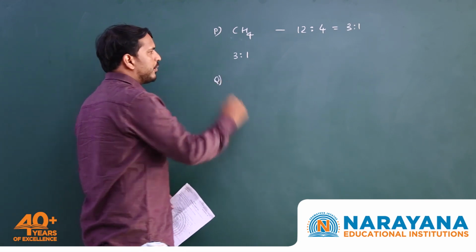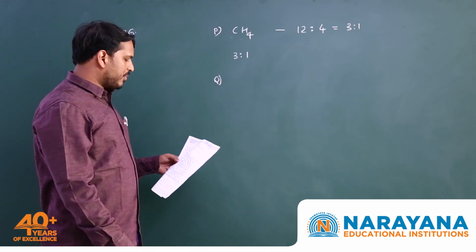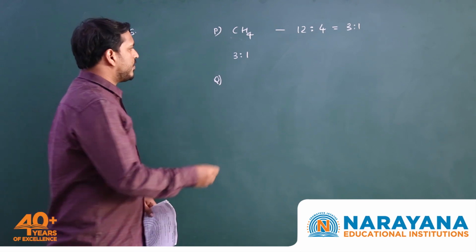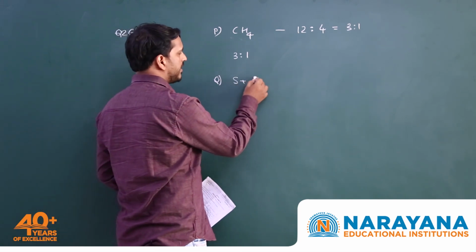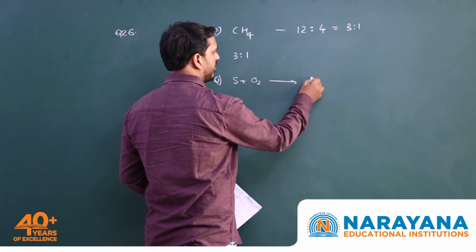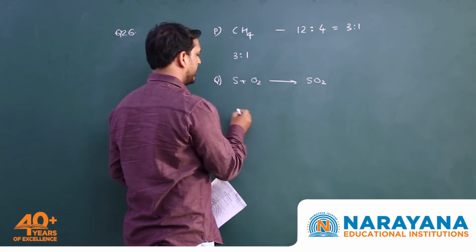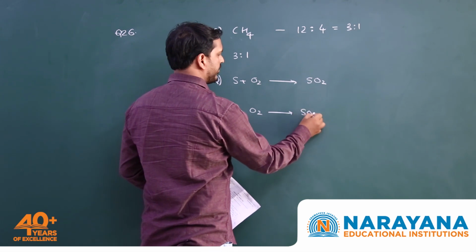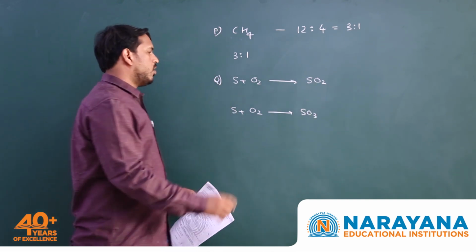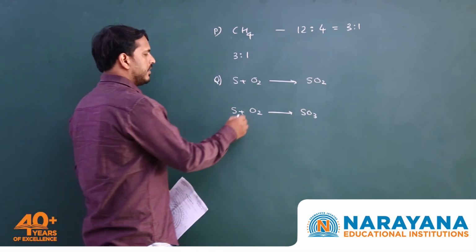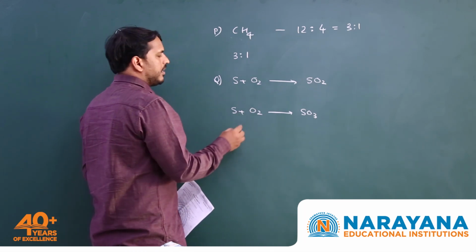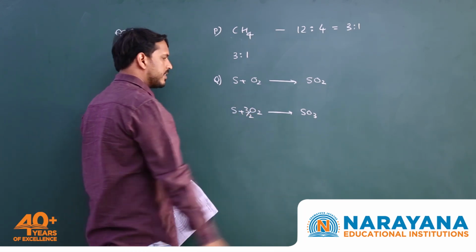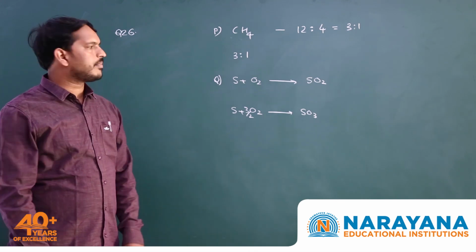So, option Q. In option Q, two compounds of sulfur with oxygen are given. One is sulfur reacting with O2 to give SO2, the other is sulfur reacting with O2 to give SO3. So, in this how much O2 is used? 3/2 moles of O2 is used.